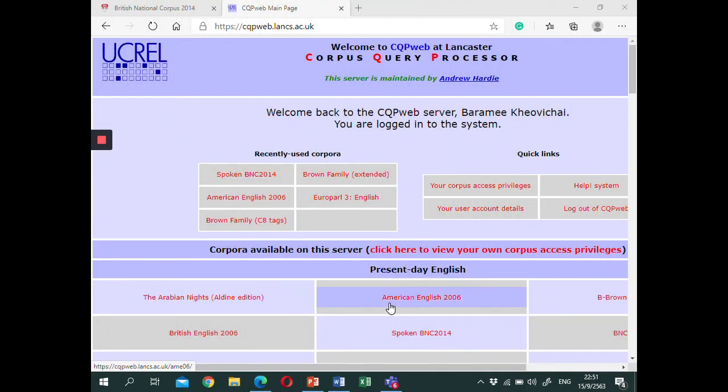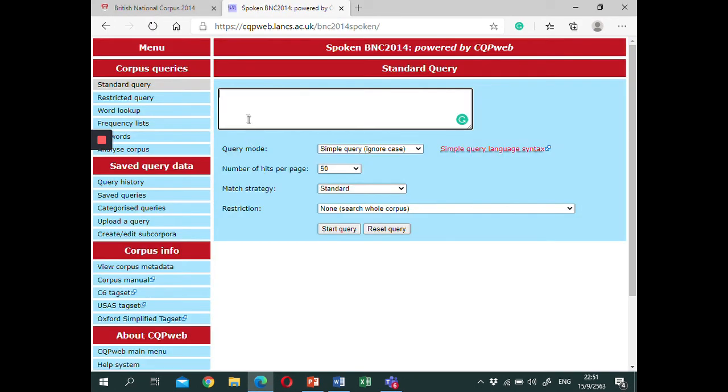First, you need to log on to your CQP web and select the Spoken BNC 2014. Now on the left, click on the Restricted Query tab.